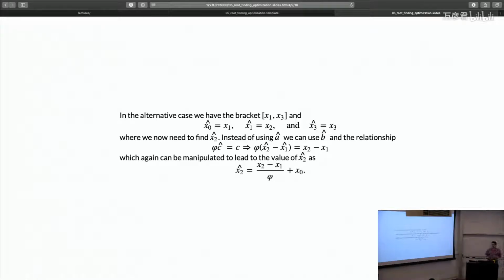And the same thing happens. We know that there's a proportionality between the new distance c and the old distance c, so c hat and c. That happens to have to do with the golden ratio. We do a little bit of math, and we can solve for x2 hat. So most of this is just reassigning, and then because we know the golden ratio is involved, we can use that to define the one point we actually have to come up with that's new.